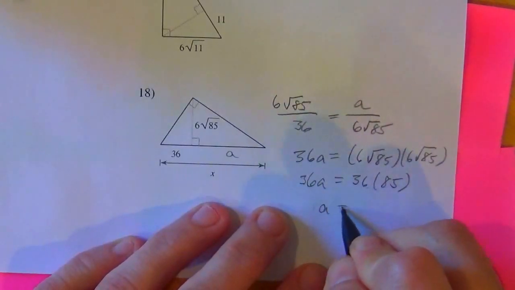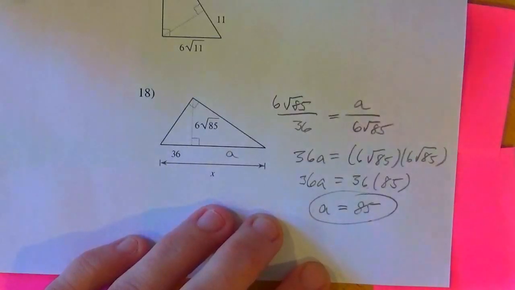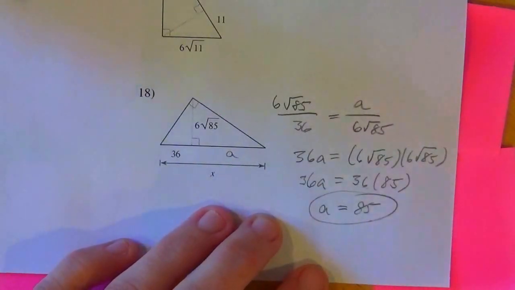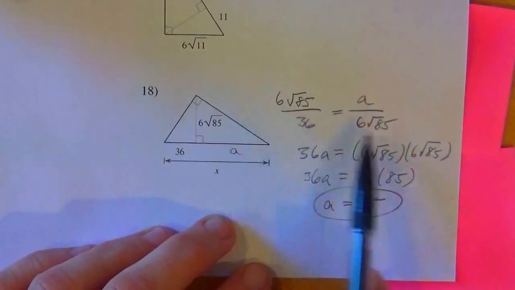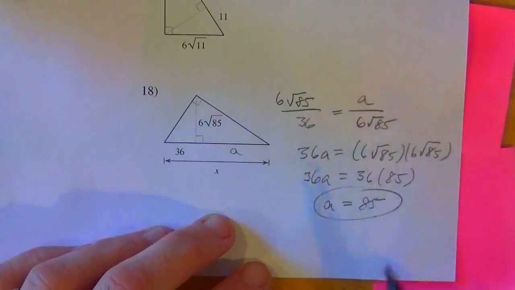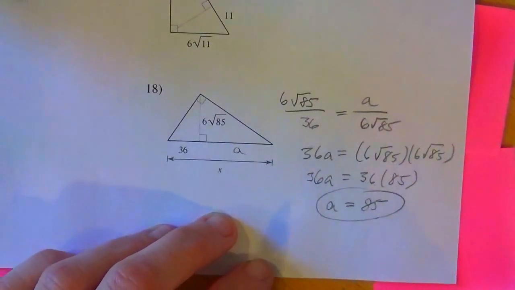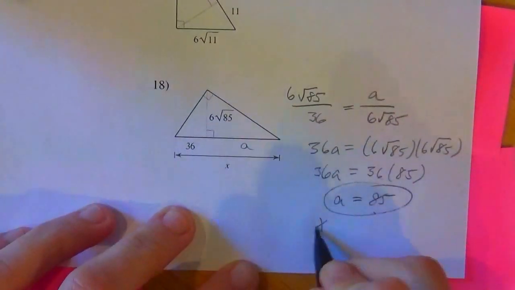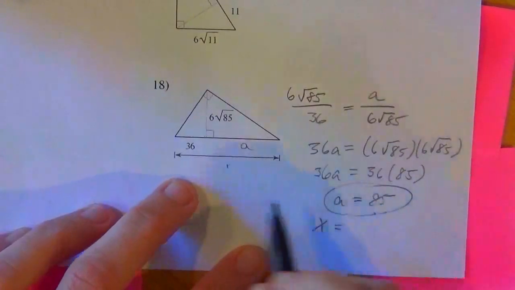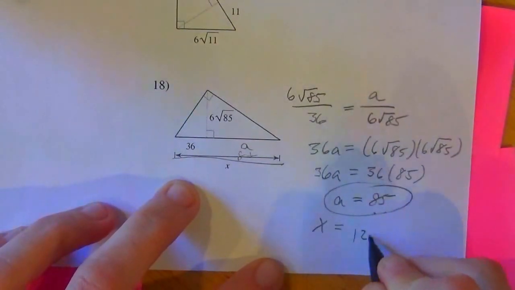Divide by 36, and a will be 85. Survey says, oh no! 121, what did I do? Let's see, 6 root 85. Oh, because a is 85 and then they want x. So x is 36 plus 85, and that gives you 121.